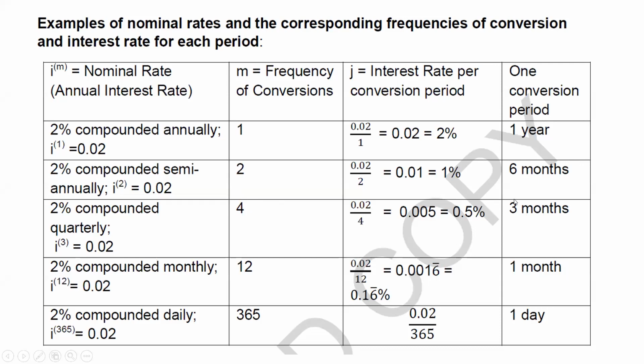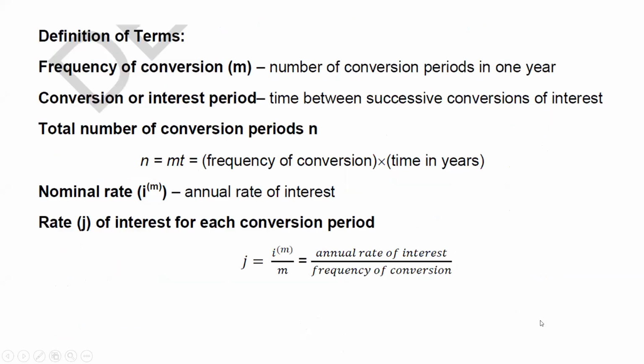Monthly, meaning every month. Since we have 12 months in 1 year, compounded monthly, it earns interest 12 times. So the conversion period is 1 month. Daily, we have 365 days, so it earns interest 365 times, and that is 1 day. That is the frequency of conversion.